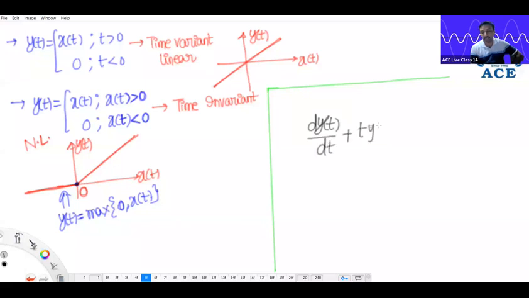If I give a differential equation, something like this, how do you respond? dy(t) by dt plus t·y(t) equals x²(t). I want both properties again. So what, Ravi? y(t) may be 0 for negative time.